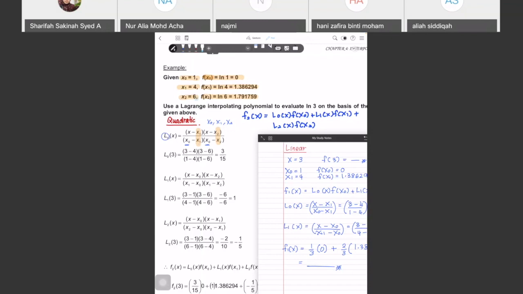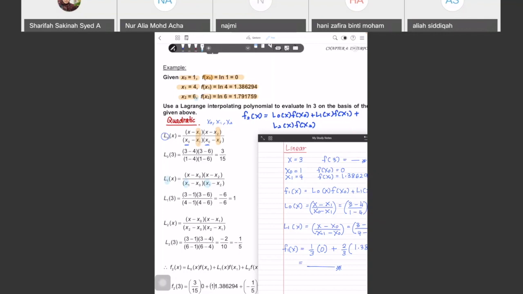So you see here this is your L1. Now the denominator starts from x1. See the difference, it's now x1 instead of x naught.